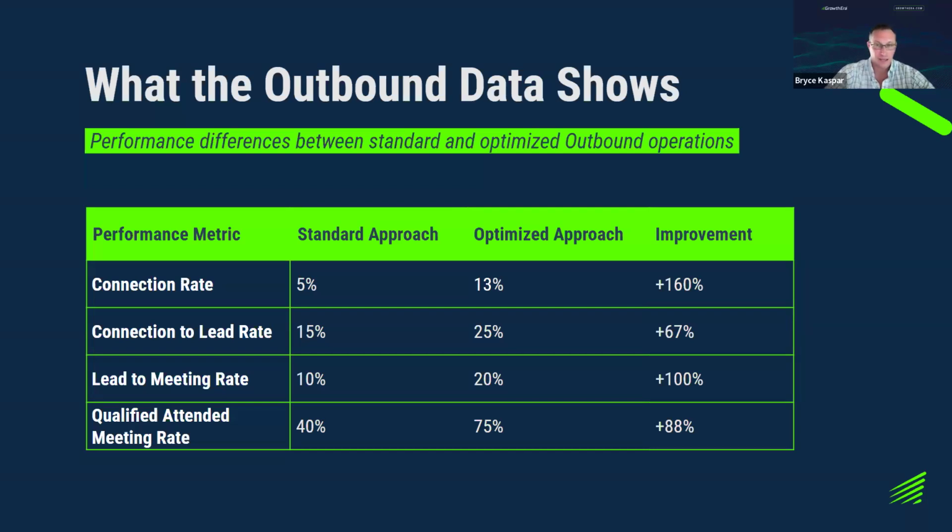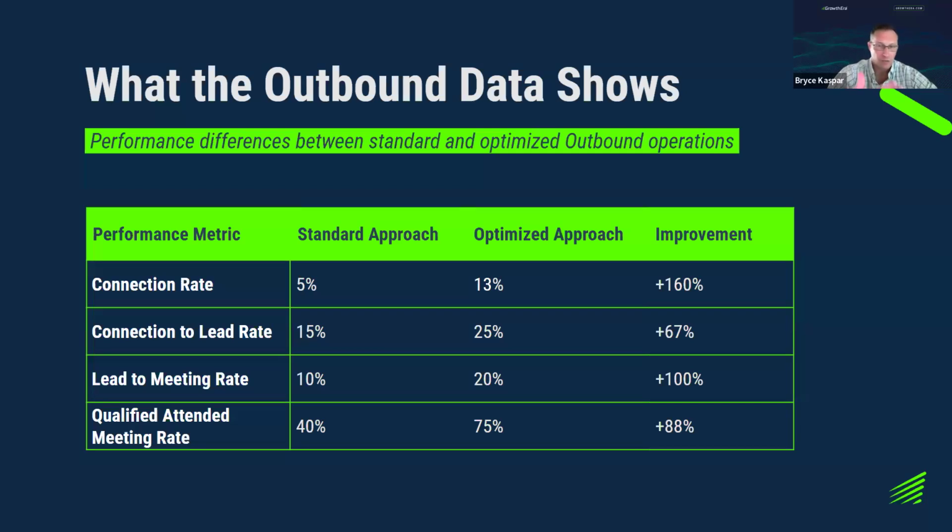And at the end of the day, one that really jumps out at me is the qualified attended meeting rate, which means number one, they showed up. And number two, it met the criteria that I want for a deal. It was the right type of account. It was one of the people that I would want to talk to in the buying group.